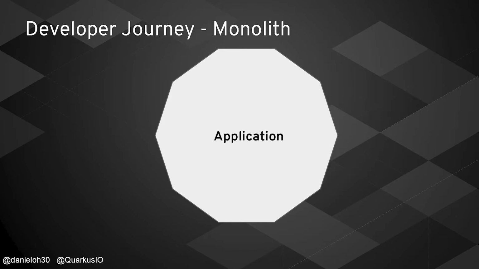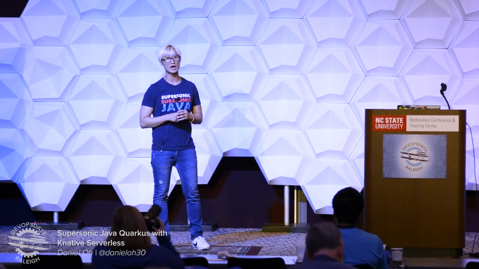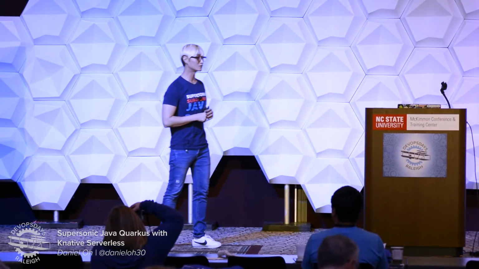I was a Java developer for many years. Many years ago, we had only this one Monolith application. It was pretty big and heavyweight, but it was really good because in the Monolith application you have 100% of the functionality and capability, and you don't need to worry about dependencies and references.